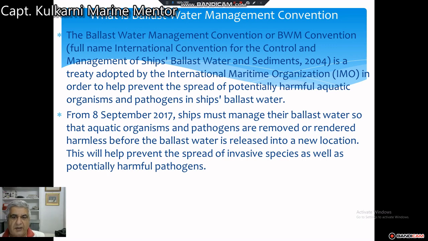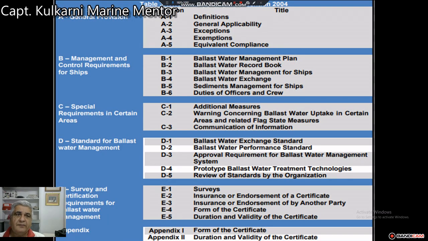If we take it somewhere in Australia or maybe in India, and discharge it in a remote place like the USA, definitely the aquatic organisms will be released there. To prevent this, so that these potentially harmful invasive species are already eliminated, that is what the ballast water management convention is there for.